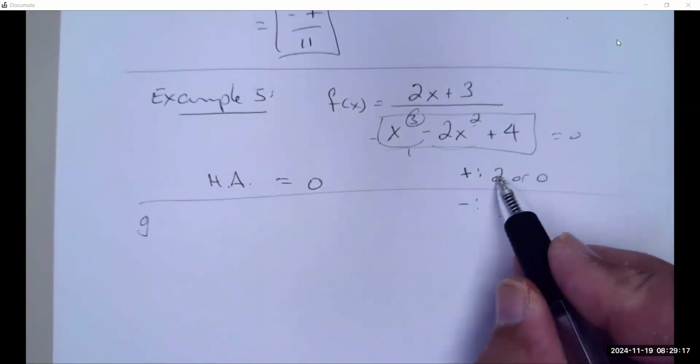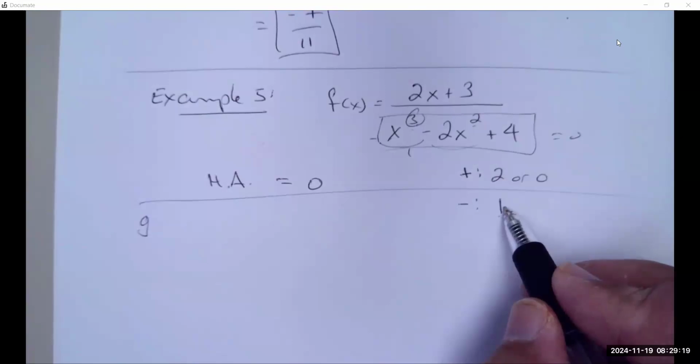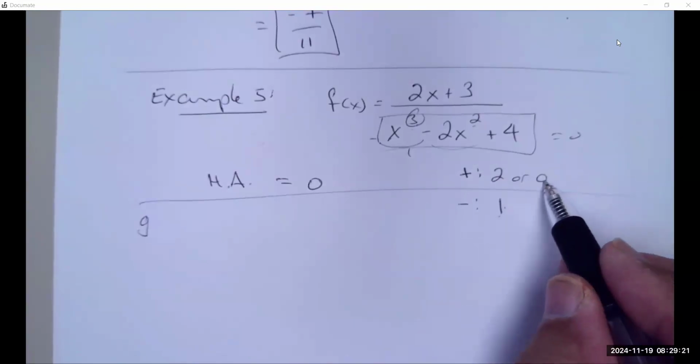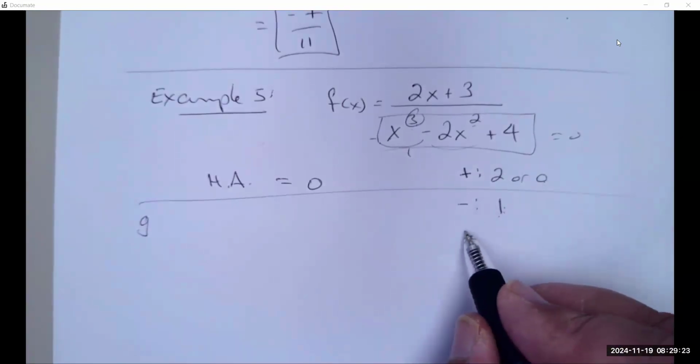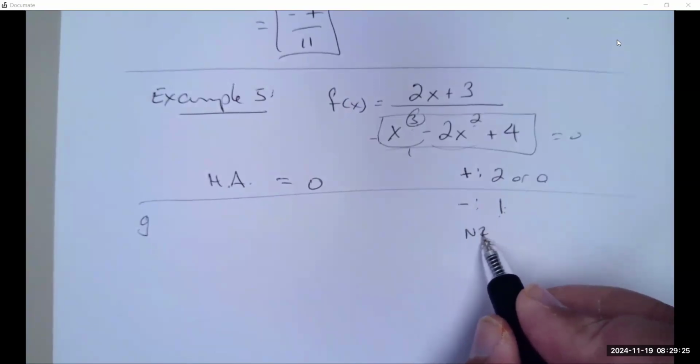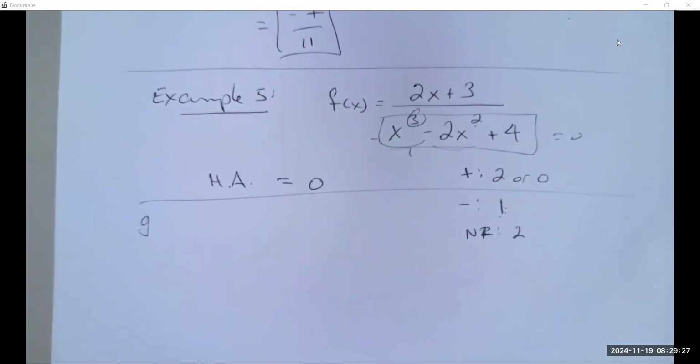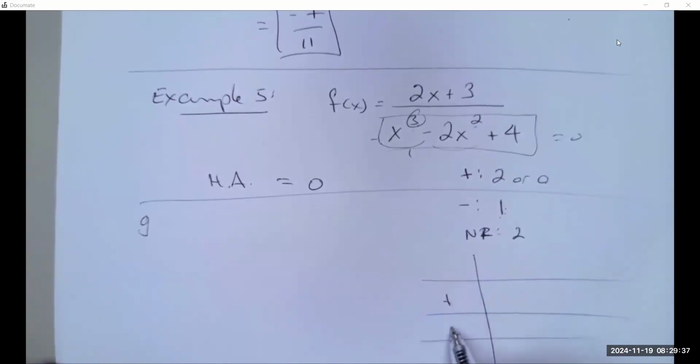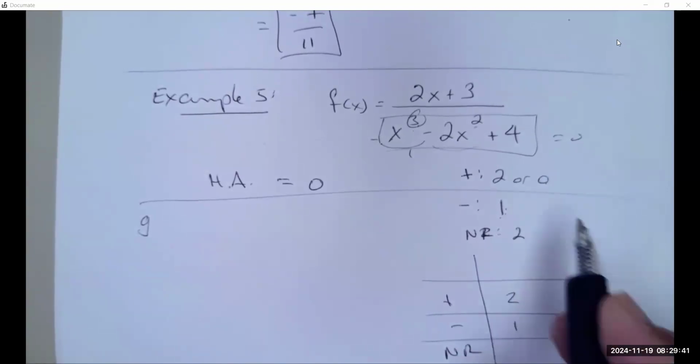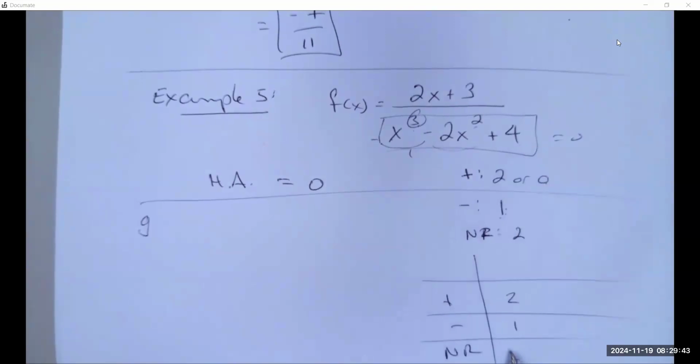So we can have either 2 positives and 1 negative, or no positives, 1 negative, and 2 non-reals. Imaginaries or radicals, right? Remember we did that table? Positives, negatives, non-reals. But we don't have any zeros because that one doesn't have an x.